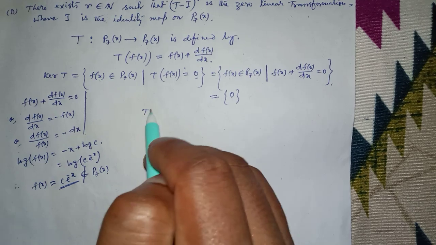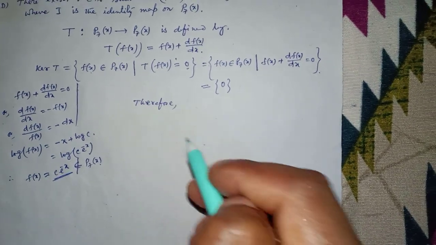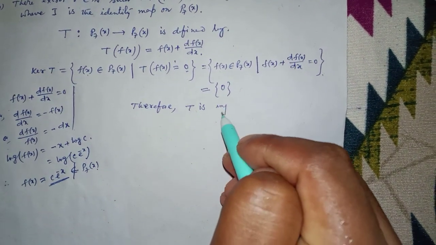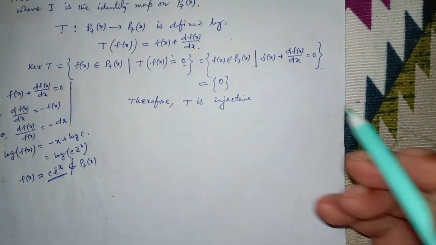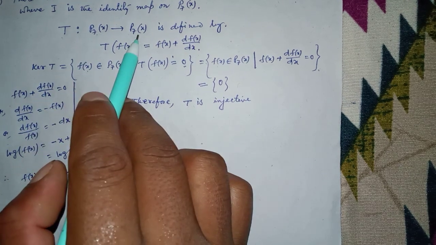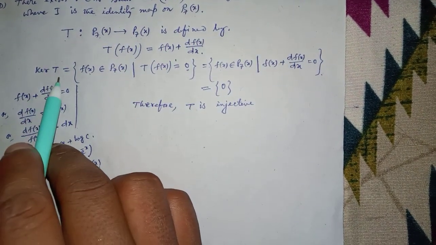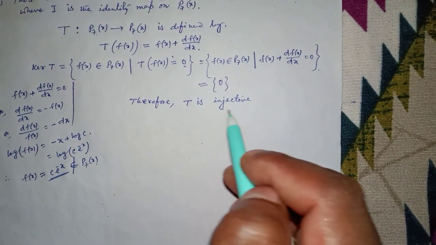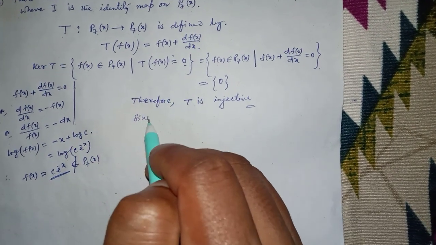Therefore T is injective, because we know that a linear transformation T from a vector space to another vector space is injective if and only if ker T is equal to the identity. Therefore T is injective.